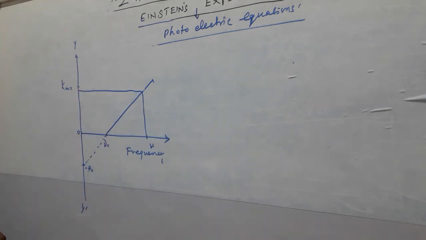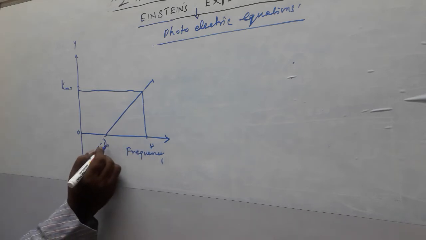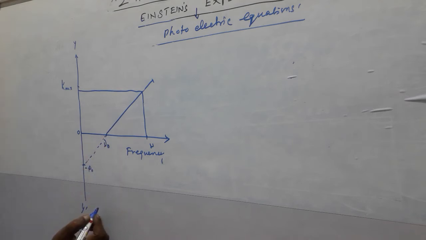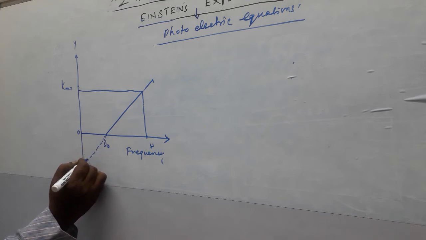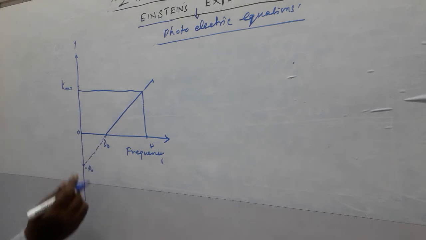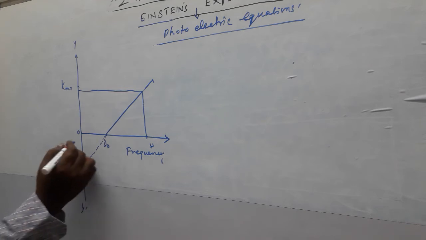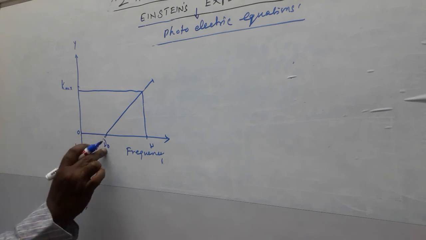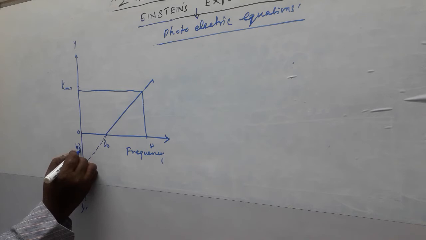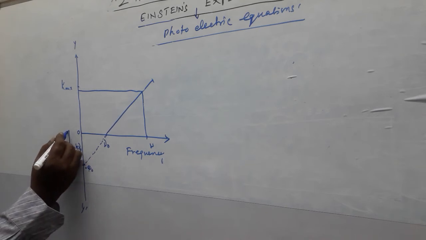Okay. Now I want to explain two concepts here. When the incident ray frequency is equivalent to nu naught, the energy of the incident ray is h nu naught.